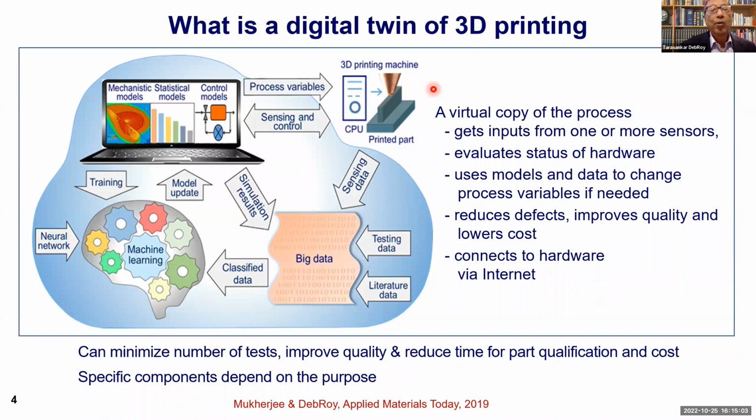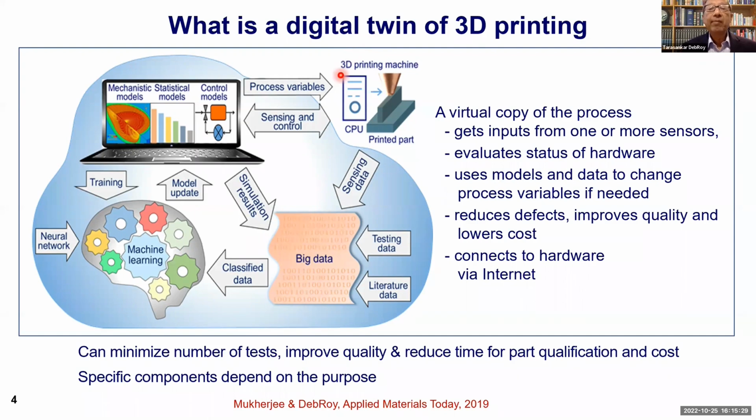So there are a lot of things here: machine learning, mechanistic models, statistical models, control models, big data, sensing and control, and process variable control, all of these. So although the digital twin per se is a tool of the virtual world, it does not operate in vacuum.